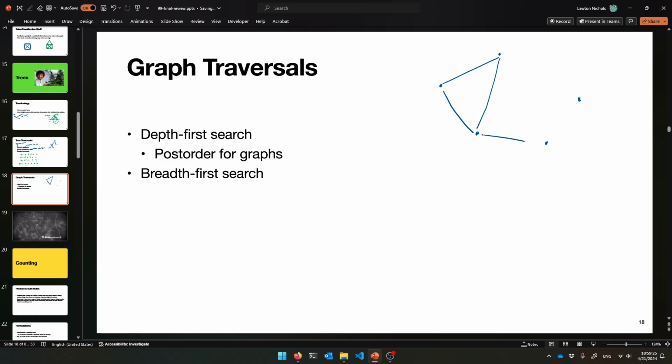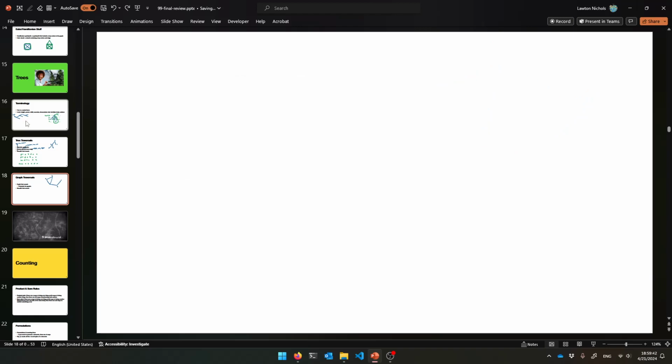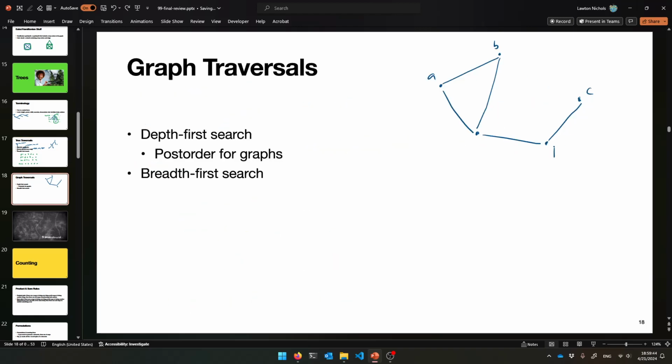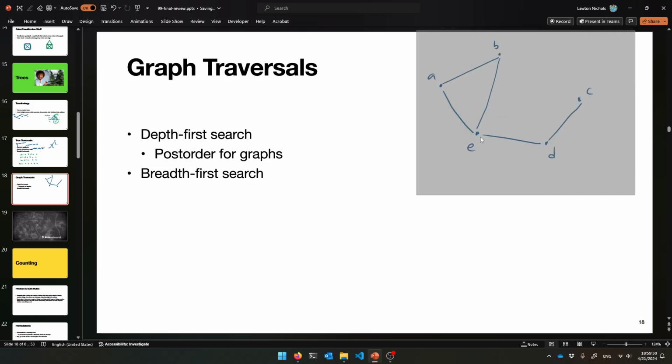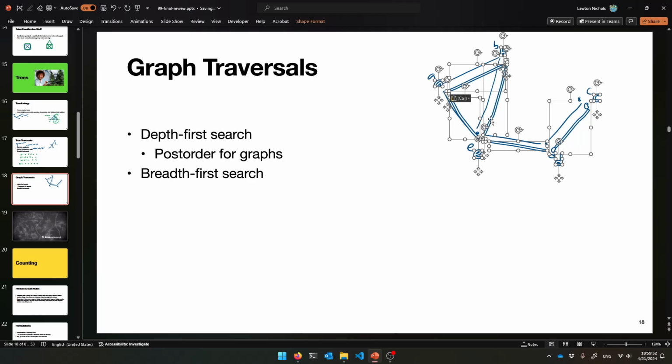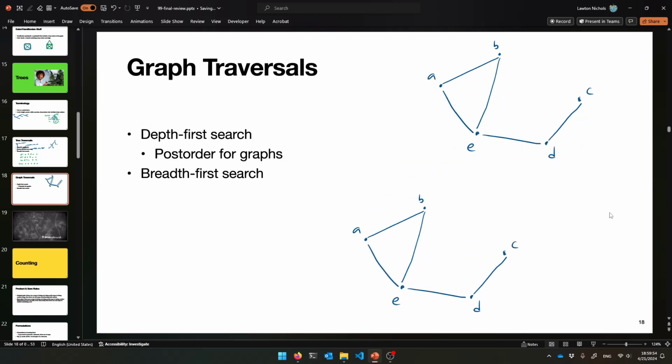And then we can go from here to here, and we can go from here to here. So this is my graph. I want to do breadth first search and depth first search on it, so I'll just duplicate it twice. So this will be A, let's call this B, just for fun, C, D, E. We'll go in that order. Okay, and let's duplicate that so I can do depth and breadth on it separately.